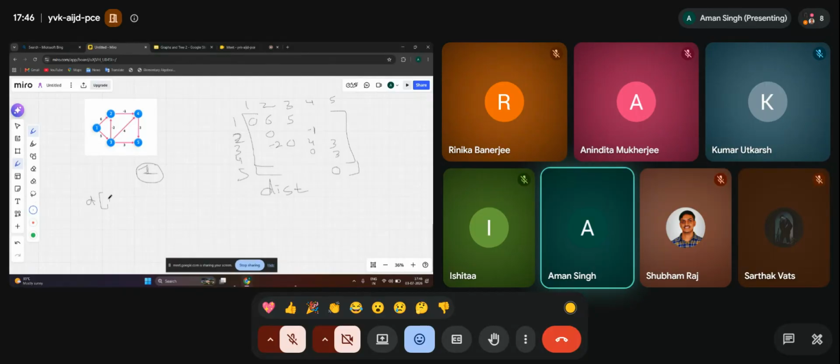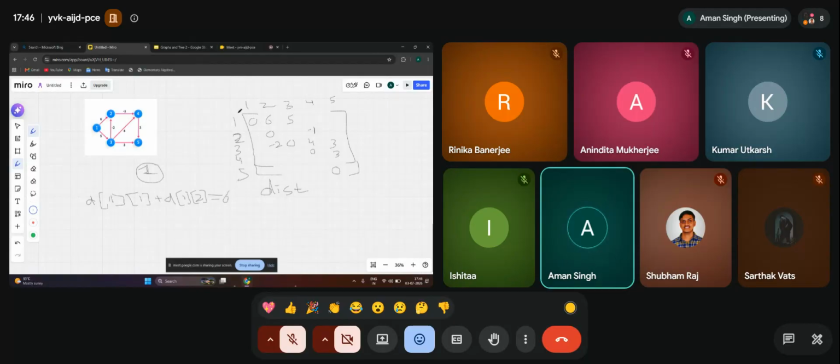It doesn't make any sense to go from 1 to 1 via 1. So let's see for 2. If we want to go from 1 to 2 via 1, it will be distance of 1 to 1 and distance of 1 to 2. We compute this: distance of 1 to 1 is 0 and this is 6. So it will be 6, and 6 is already stored here, so don't update this.